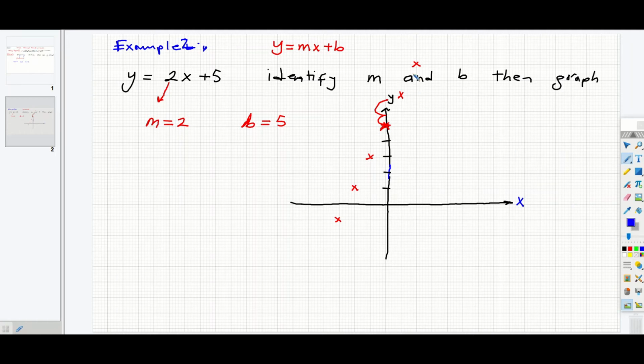Actually, just 2 dots are enough to graph your linear equation, but I put extra. I'm going to connect these dots. As you can see, this is our y equals 2x plus 5 graph.